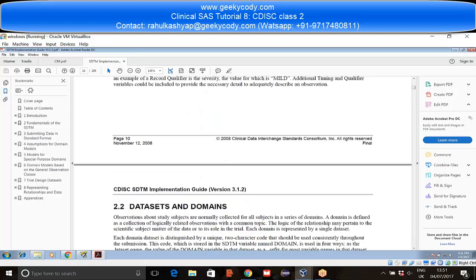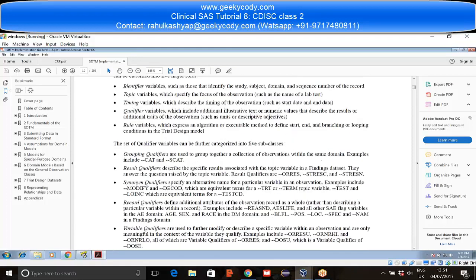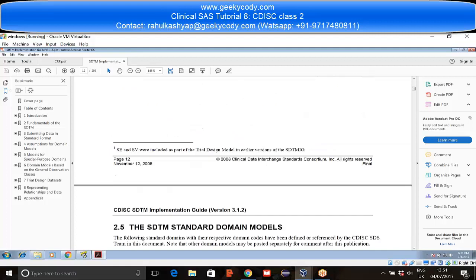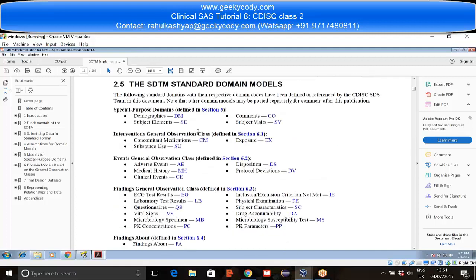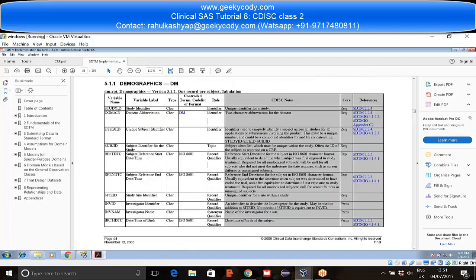Both types of variables and all that. Now here we'll see different things. Click on the DM domain. See here, one record per subject is the structure, and these are the variable names. And what type of variable is it, either character or numeric, what is the role, and what is the core.